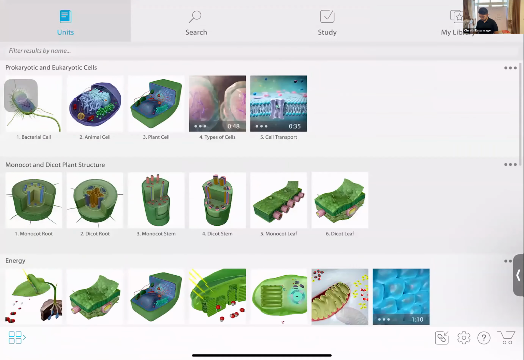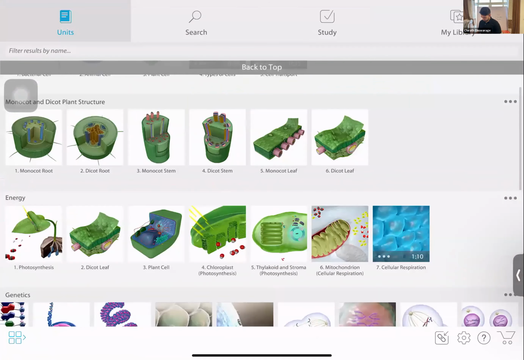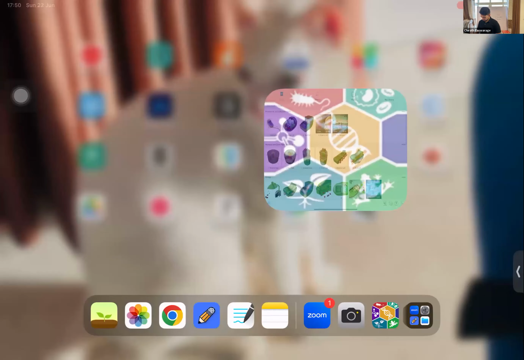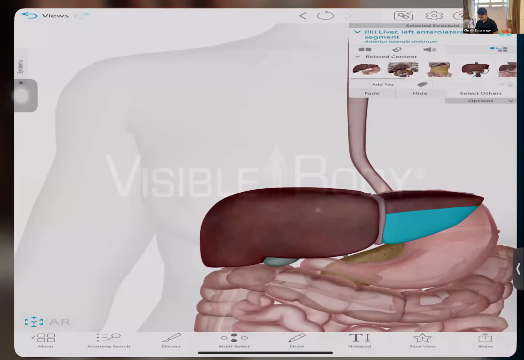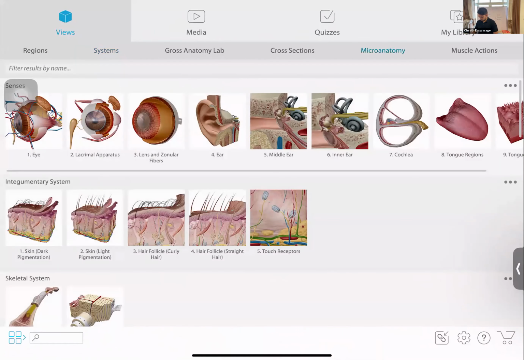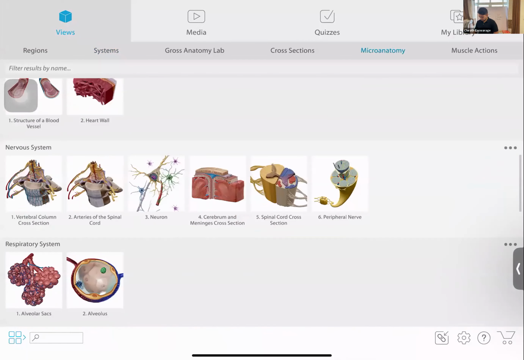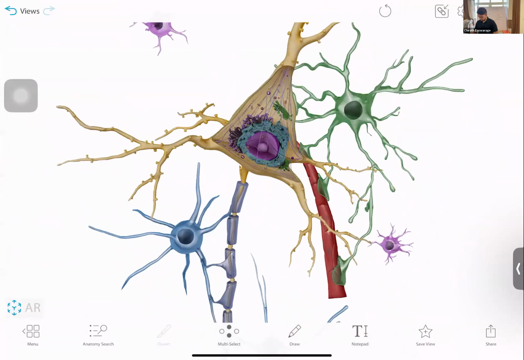So I'll show you. Did I have a microscopic image for you? So, a neuron. There are other supporting cells for a neuron.